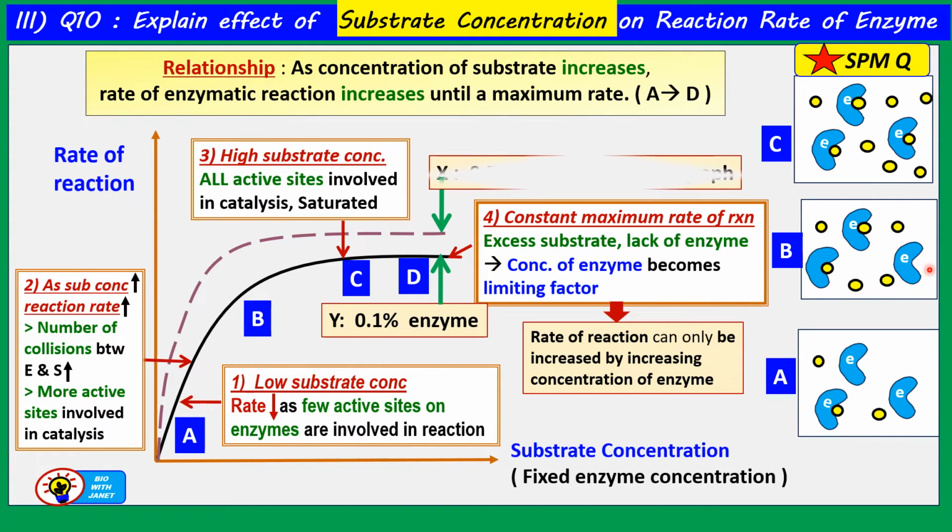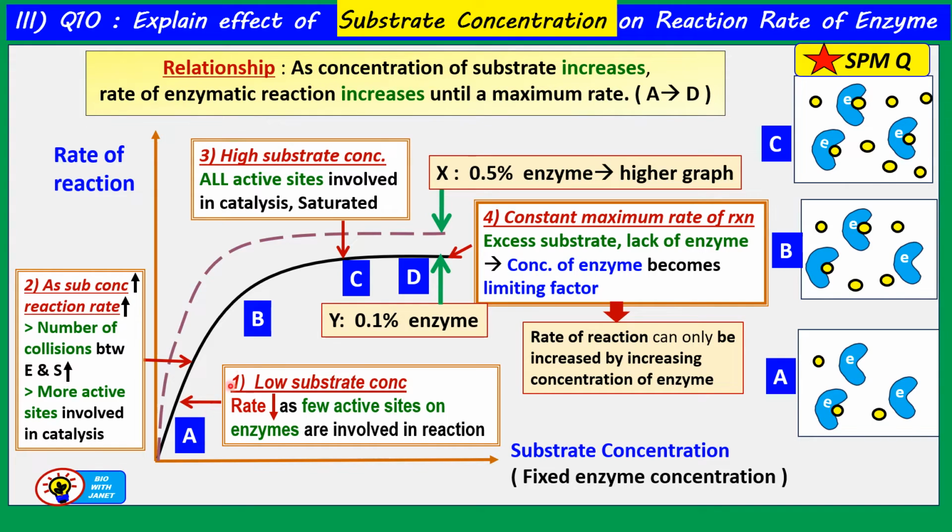So this proves to you that from C to D, the rate of reaction becomes constant, remains at the maximum rate, but it cannot increase anymore because the concentration of enzyme becomes a limiting factor. That means the rate of reaction can only be increased by increasing the concentration of enzyme, not substrate concentration.